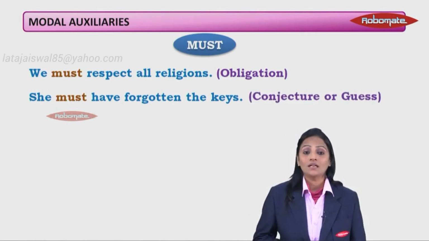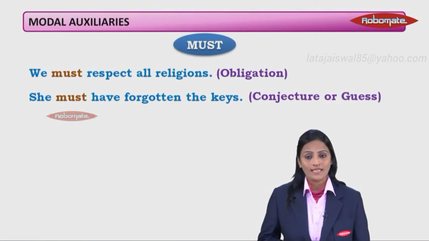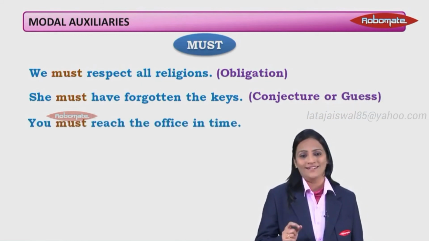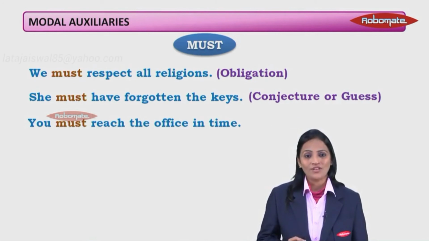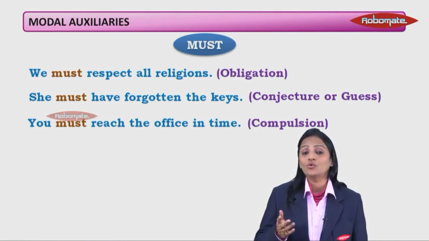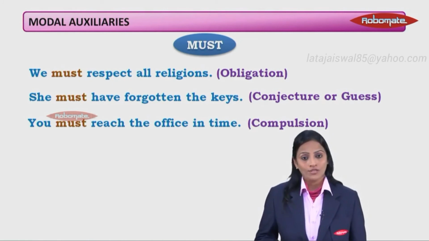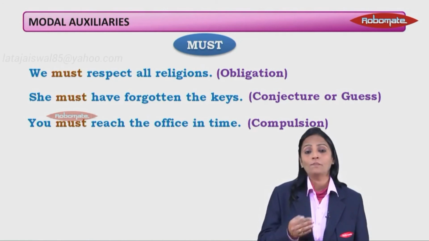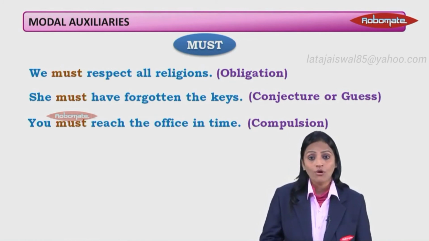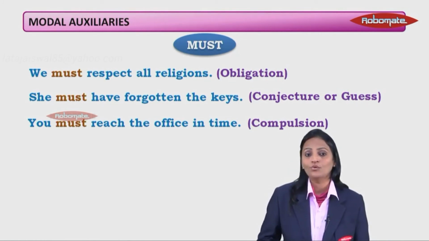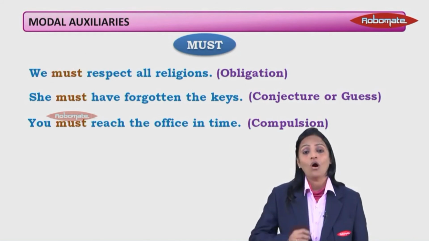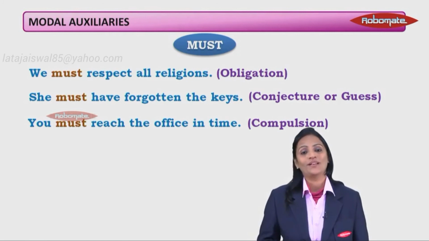So it is a conjecture or a guess. You must reach the office in time. Now students, this is not an obligation. This is compulsion. So whenever you have to use a modal auxiliary, always for compulsion you should stick to must. But for obligation you can use should or you can use the other one that we are going to do a little later, ought to. But when it comes to guess or compulsion, surely it's only must.